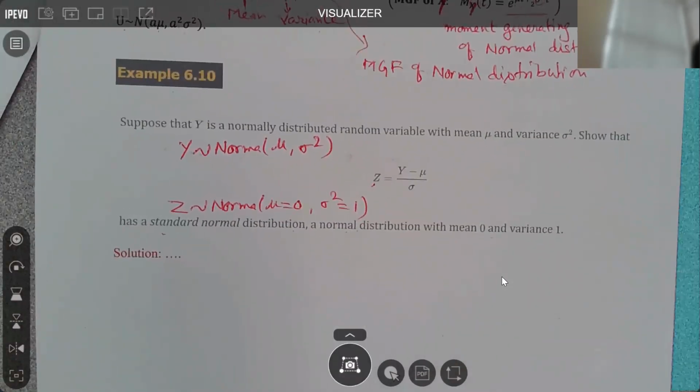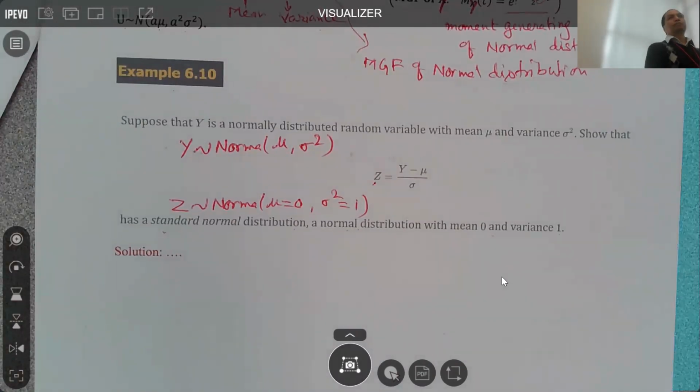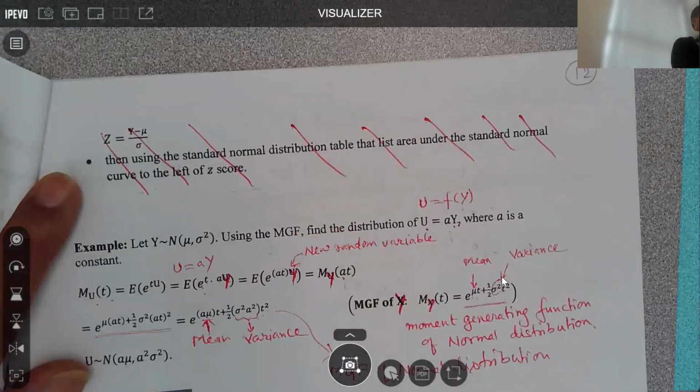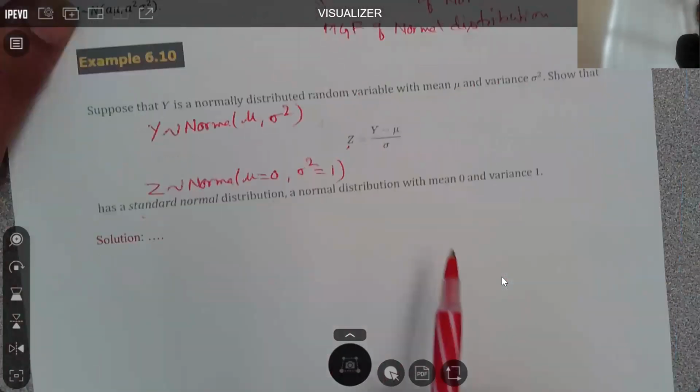No, Y is a given random variable. We need a function of Y. So what is U here?